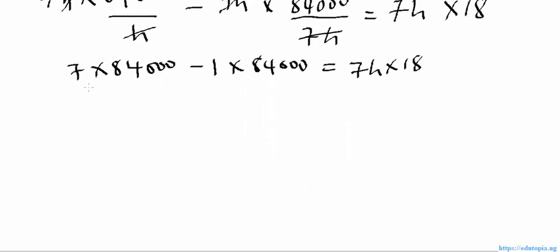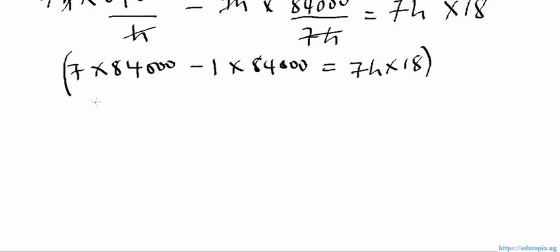Automatically, if this one is 7 of these and this one is 1, when you subtract 1 of 84,000, this will remain 6. So I'll come over to this side again and solve it in a different way.